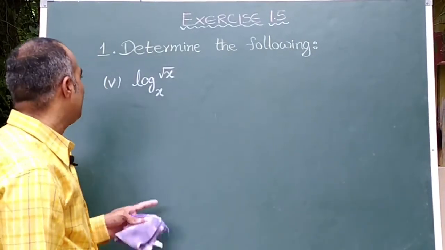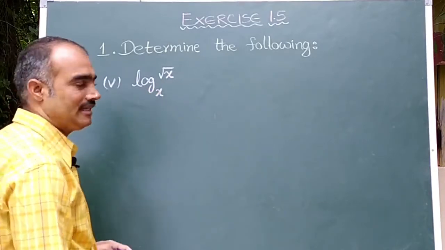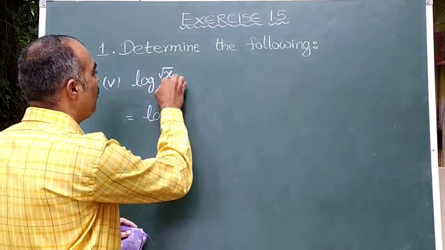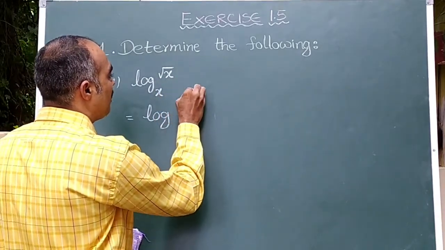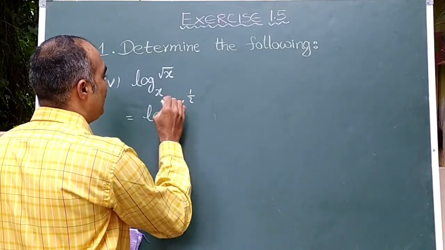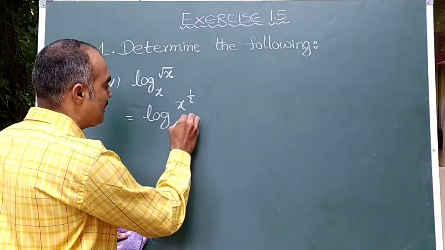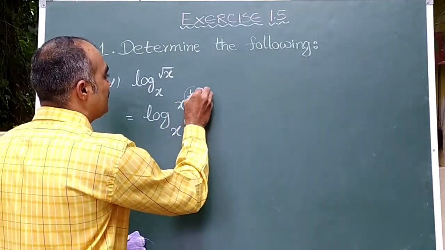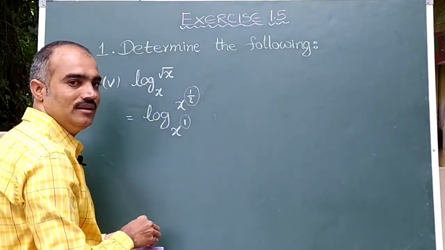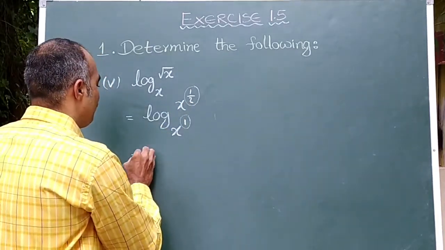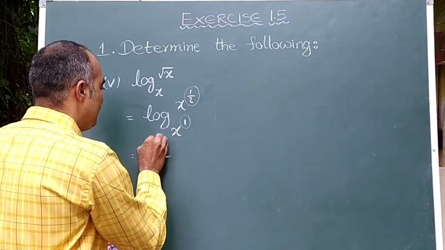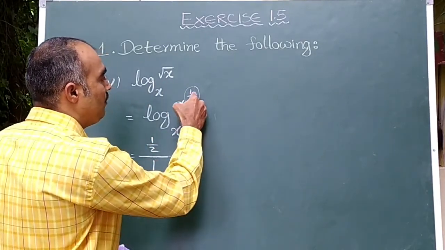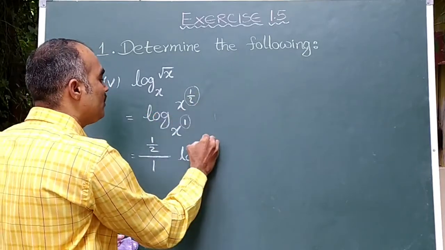Now let us see the next bit, that is the fifth one, log root x base x. So here we can write root x as x power 1 by 2. Let us write x as it is, x can be written as x power 1. Now let us round up the powers, this is 1 by 2, this is 1. So this 1 by 2 comes forward, it is 1 by 2 by 1 log, and x is alone.